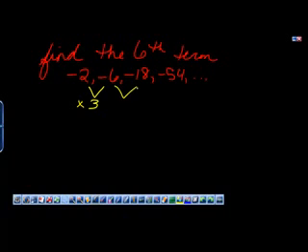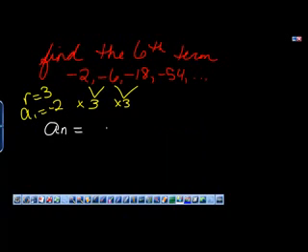So let's go ahead and check that, trying one more term. -6 times +3 is -18. So our common ratio is going to be 3. Our first term will be the first term listed at -2. Let's apply our formula.